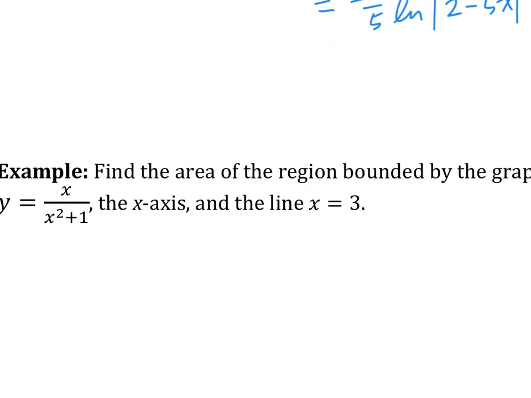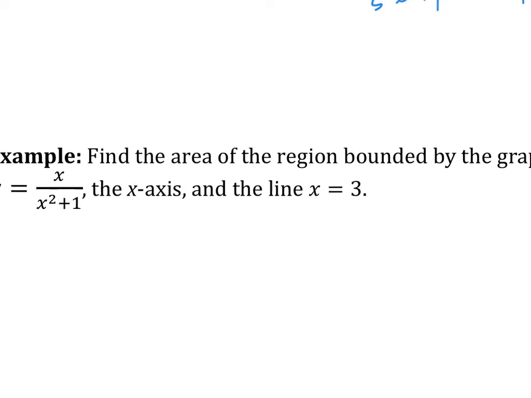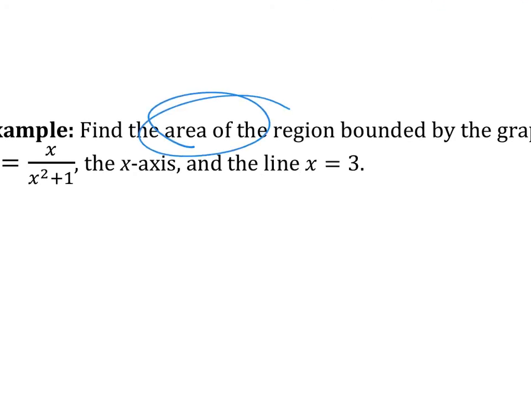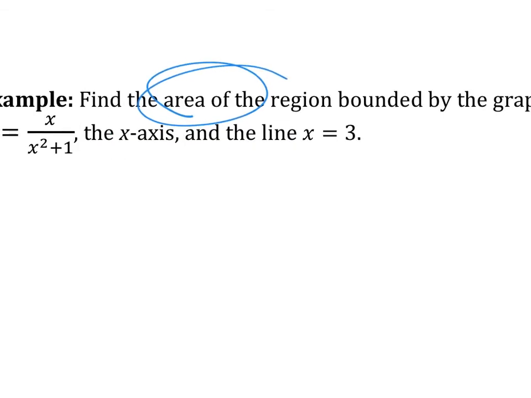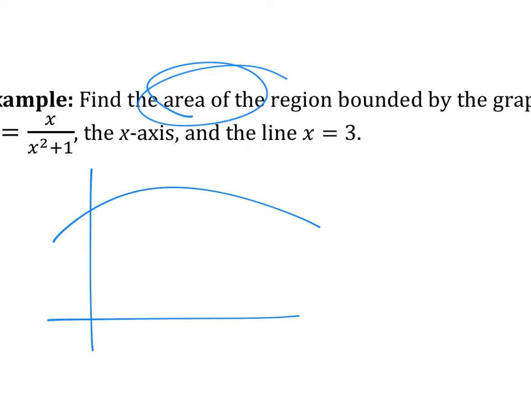Find the area of the region bounded by the graphs of this equation, the x-axis, and the line x equals 3. What does area of a region mean? Integral. Okay, area always means integral. So they want this equation. I don't know how that looks like. I'm going to randomly draw it.